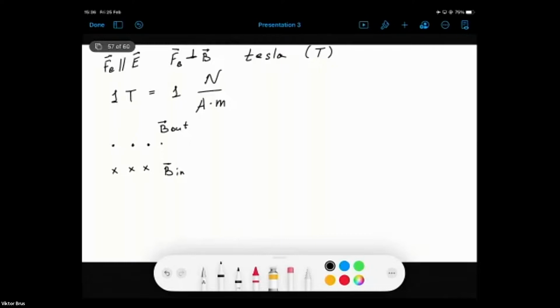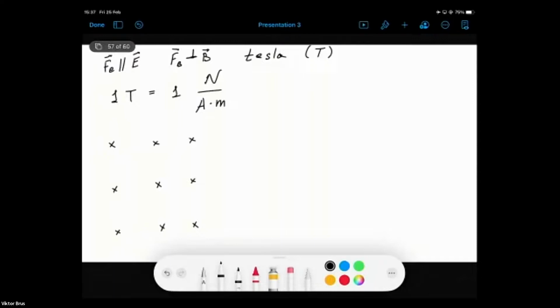So let us, maybe I just clean this. Let us assume that we have some uniform magnetic field oriented perpendicularly to the plane of this image, and these lines of magnetic field go into the plane.